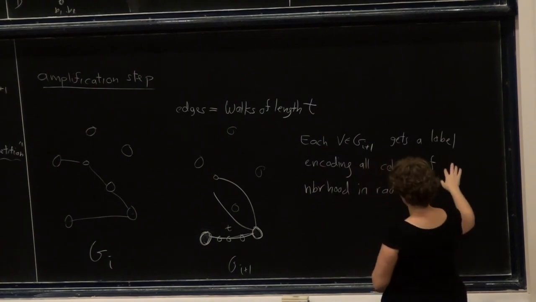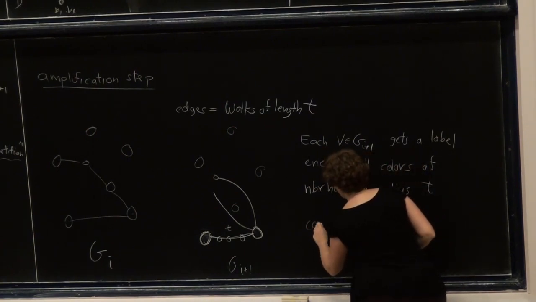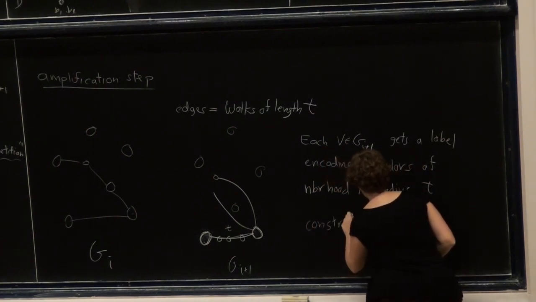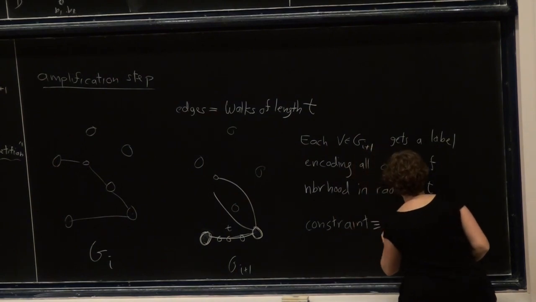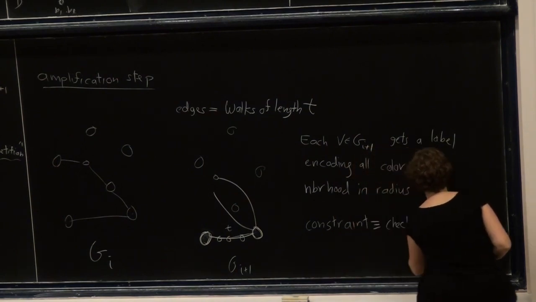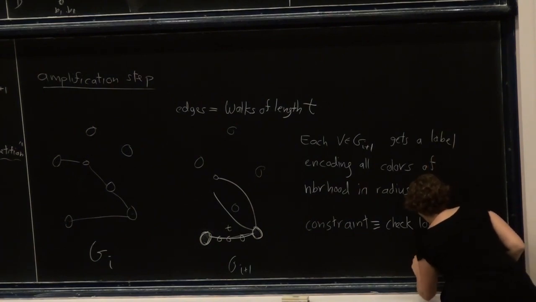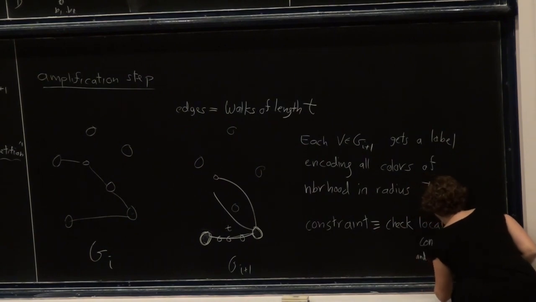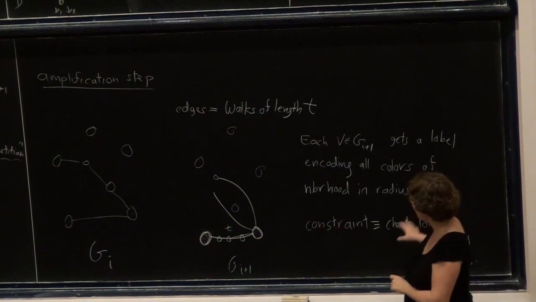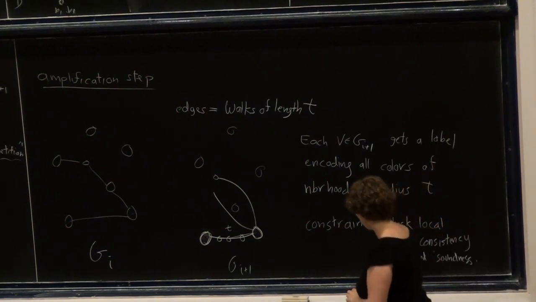So it's a label; the constraint just checks local consistency and soundness. This is what the constraint will check.